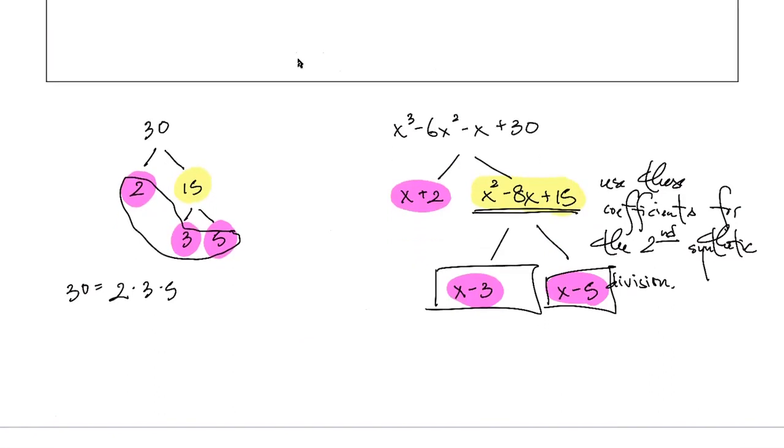And so what this really tells me is that this polynomial is equal to x plus 2 times x minus 3 times x minus 5. Just like 30 equals 2 times 3 times 5.